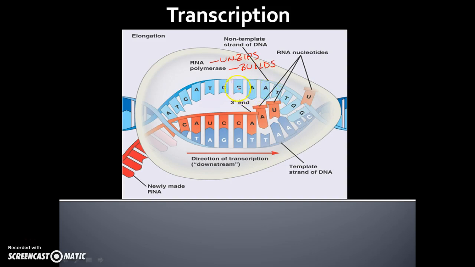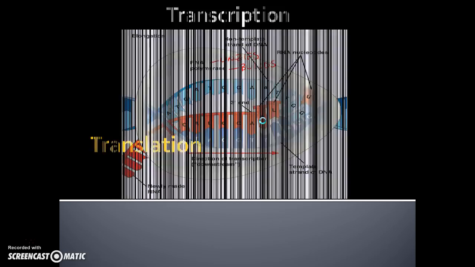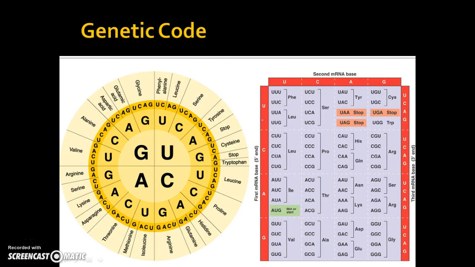RNA polymerase really acts as helicase and a polymerase. You'll notice that our RNA strand is building from 5' to 3', just as our DNA did. After we make our messenger RNA, it is going to leave the nucleus.